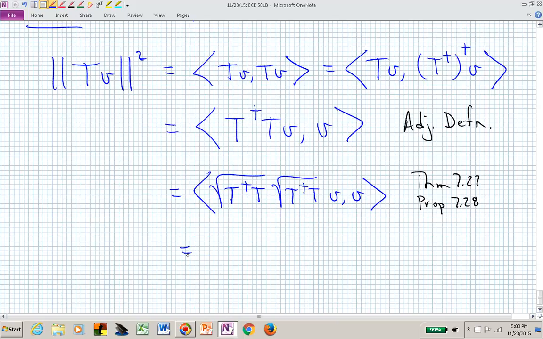Now we can slide one of those operators into the second slot, and we know that the square root of T dagger T is self-adjoint, so it's equal to itself, which means when we slide it into the second slot, we end up with something like that.